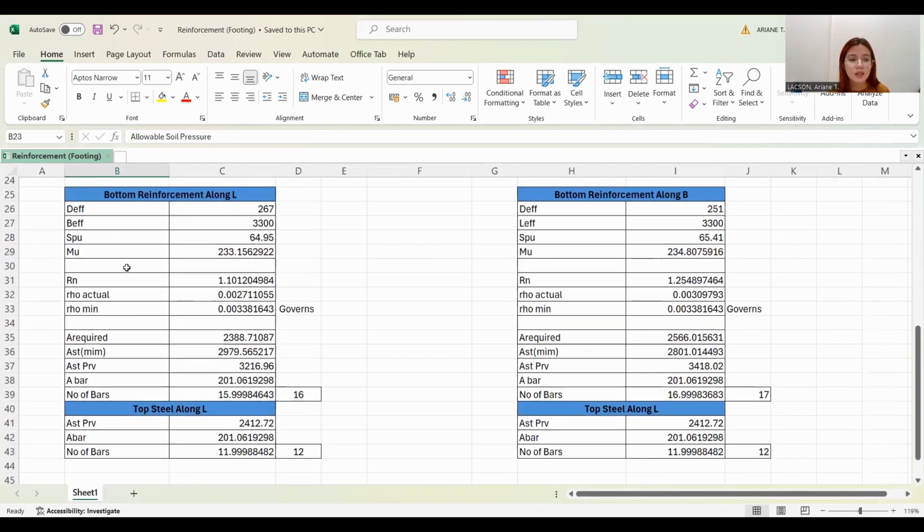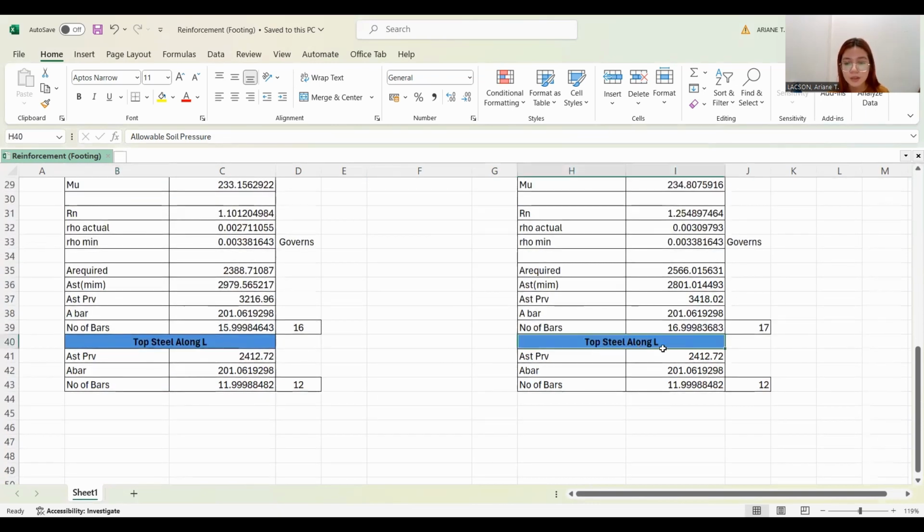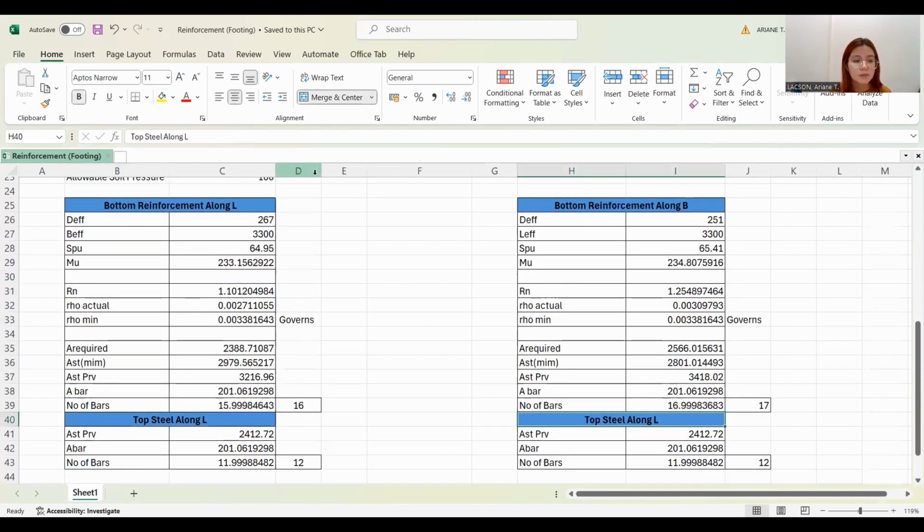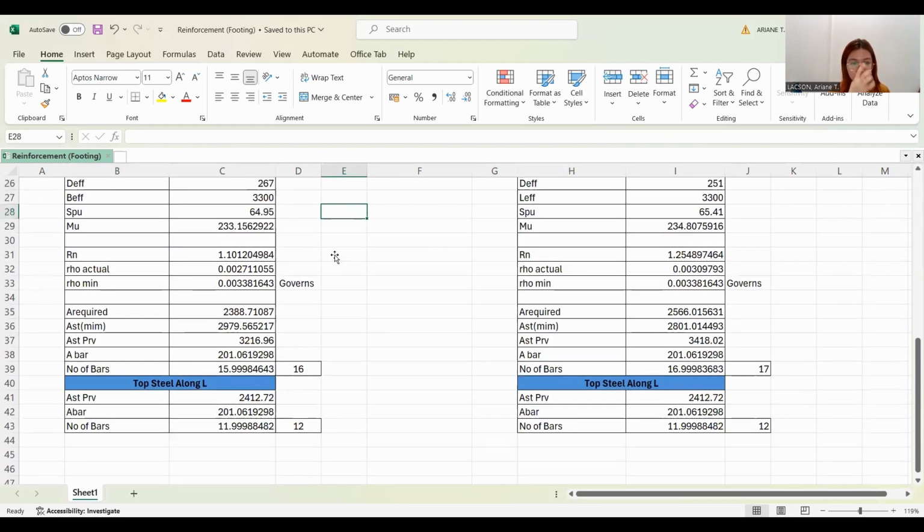We calculated the bottom reinforcement and top steel reinforcement along L, and the bottom and top steel along B. Sorry, it is along B. The effective depth is 267. The effective width is 3,300. The soil capacity is 64.95, and the Mu is 233.156.